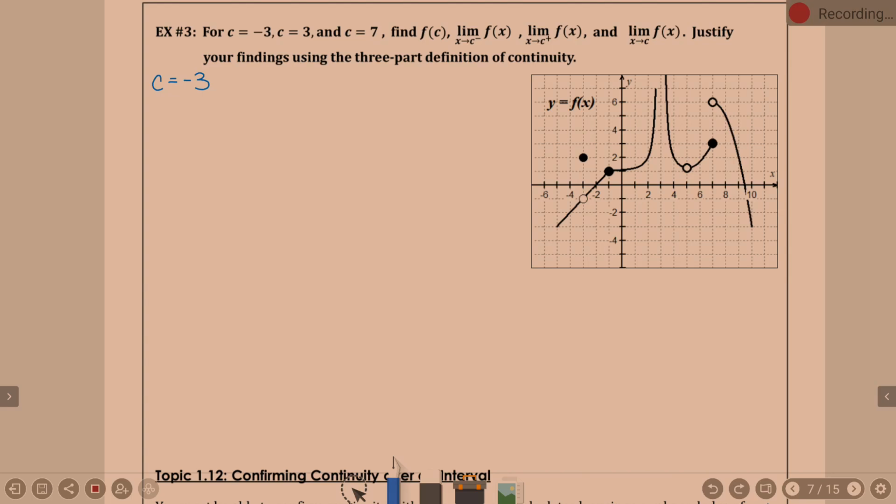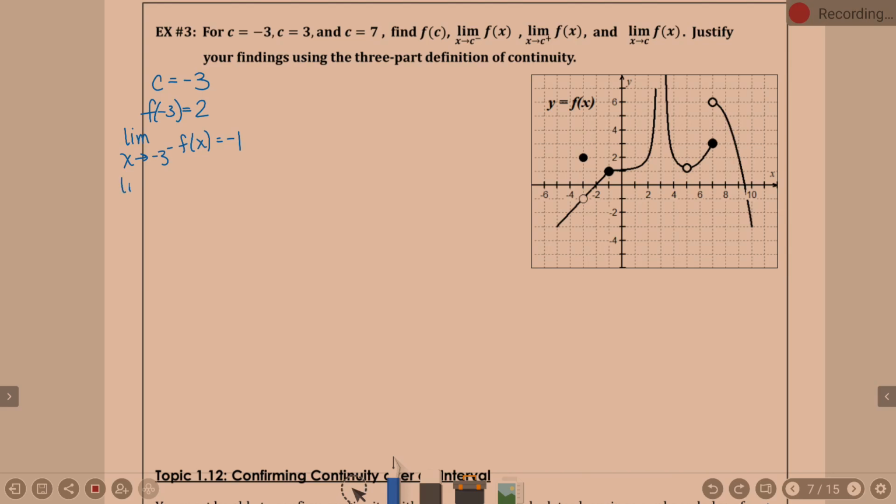So first of all, f of c. So I want to know what is f of -3? 2. Okay. Limit from the left. Limit as x approaches -3 from the left of f of x. What's the limit from the left? -1.